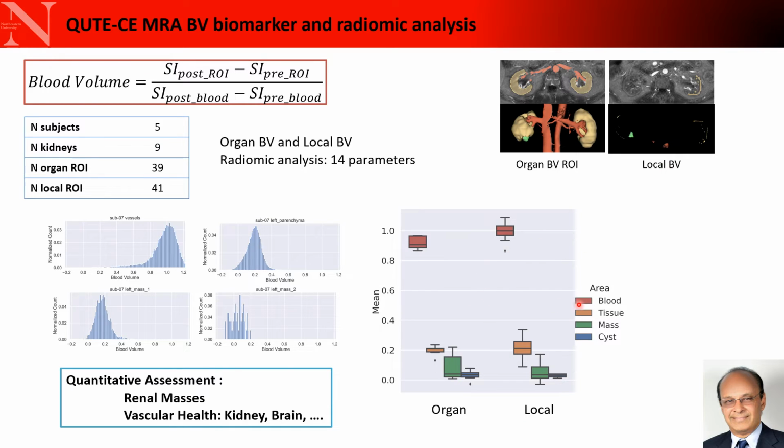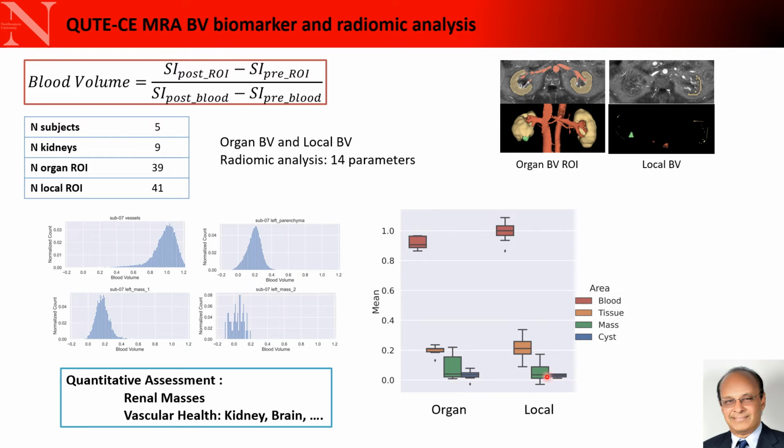In the accompanying graph on the right here, the blood vessel value of the blood volume is normalized to 1, and the blood volumes of the kidney parenchyma are around 0.2.